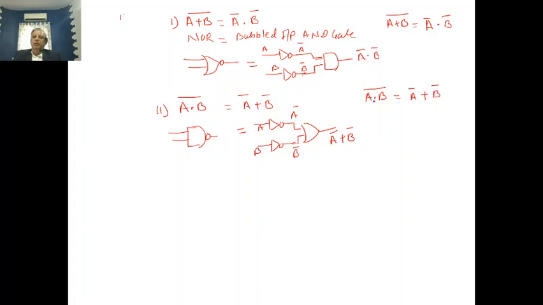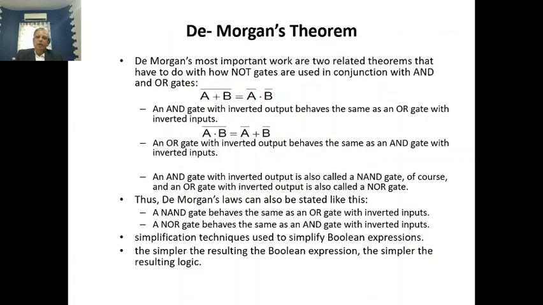The first means perform this operation and take the inversion of this. The second means first take the inversion of the first variable, take the inversion of the second variable, then OR these two. Both are equal, left hand side and right hand side. This is nothing but De Morgan's theorem, and it is used to simplify the Boolean expression.